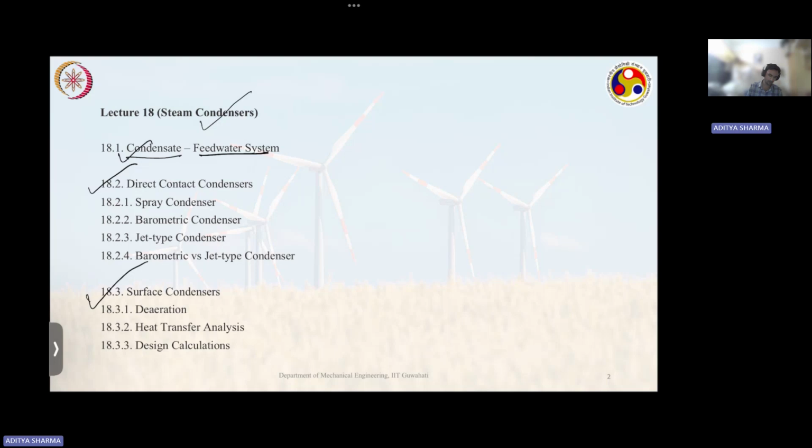In a surface condenser, the cooling water doesn't come in direct contact with the steam that we want to condense. Most of the time it is a shell and tube combination for surface condensers. So these are the two types of condensers.